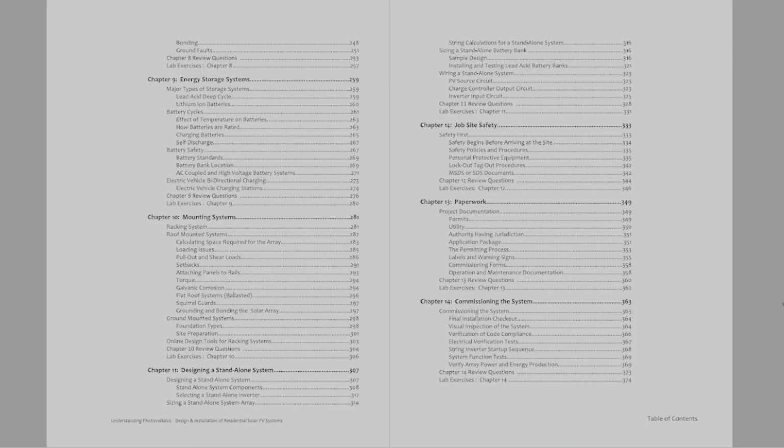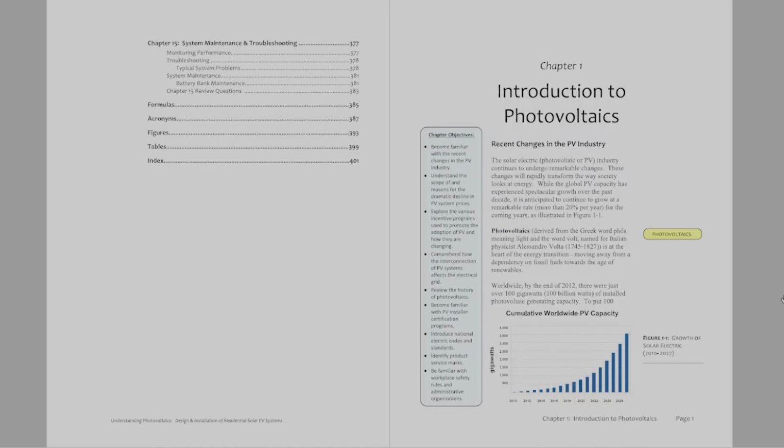So we don't go too deeply into it, but we feel like people need to know that these things exist. Same thing with commissioning the system. We want the introductory installer designer to understand what's involved there, but they're not necessarily going to be the ones doing the commissioning. So it's a light overview there. And then Chapter 15, we get into system maintenance and troubleshooting.